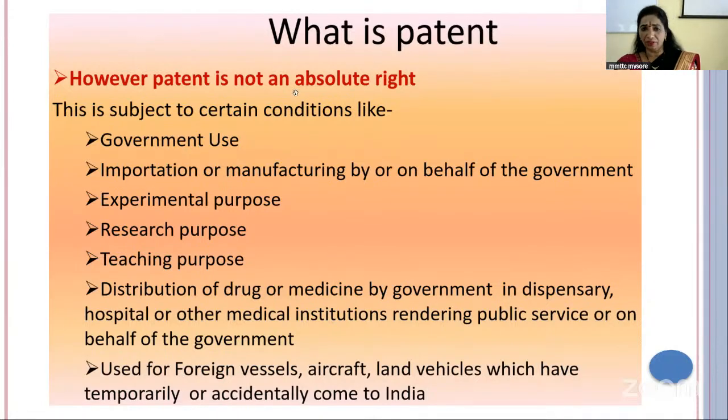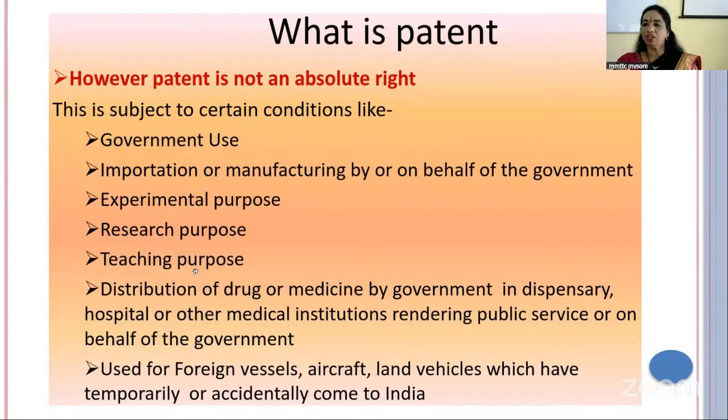However, a patent is not an absolute right, because it is subject to conditions, like the government can use it. Importation or manufacturing by or on behalf of the government, experimental purpose, research purpose, teaching purpose, for all these purposes you cannot charge.